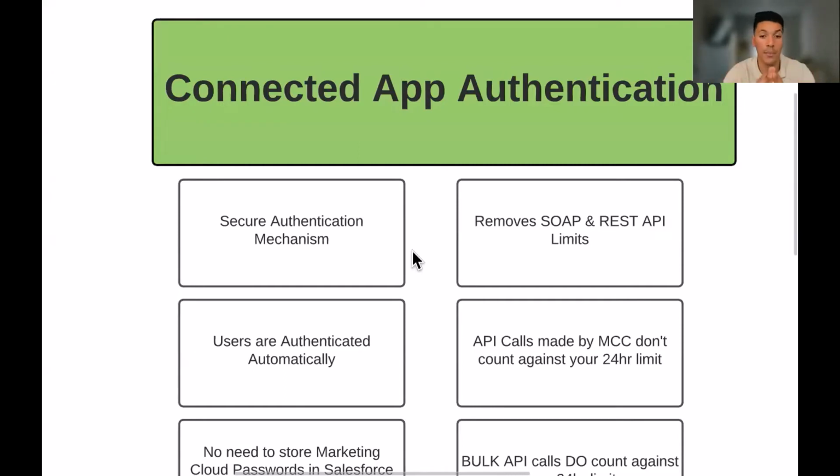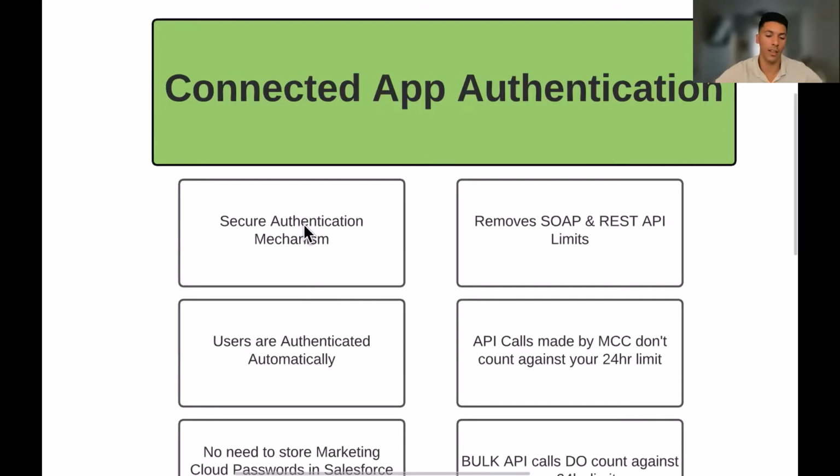So the connected app authentication is that key that opens up both doors to transfer data back and forth. Without this, you have no key, which means you have no connection. So this connected app authentication is the secure authentication mechanism.